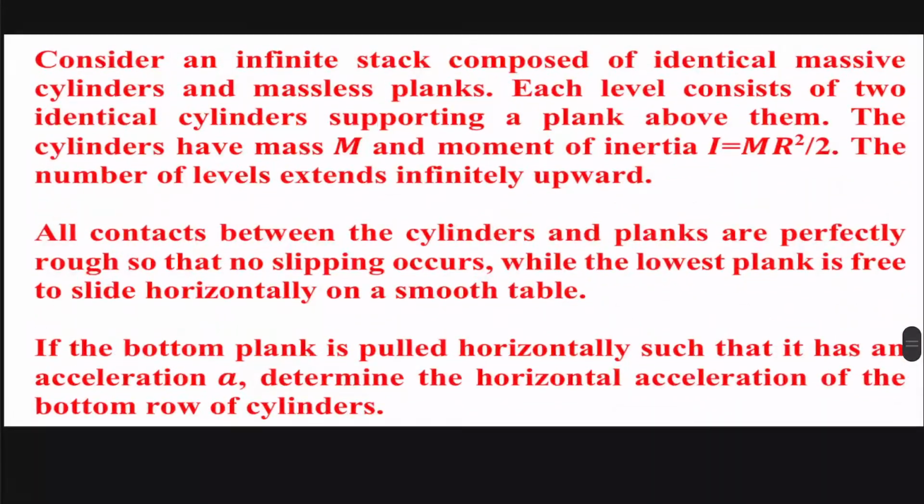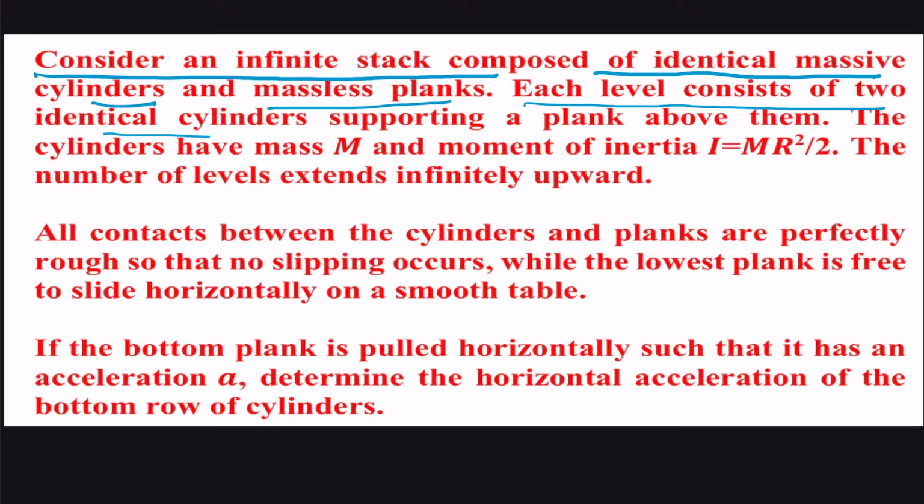It states that consider an infinite stack composed of identical massive cylinders and massless planks. Each level consists of two identical cylinders supporting a plank above them. The cylinders have a mass m and the moment of inertia is mr square upon 2. The number of levels extends infinitely upward.